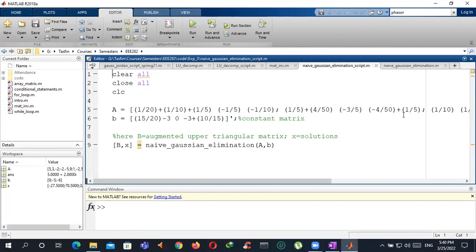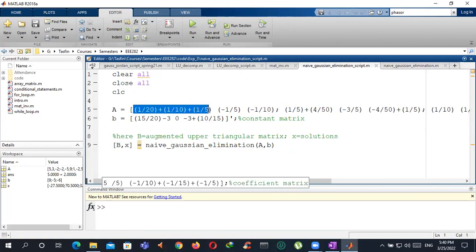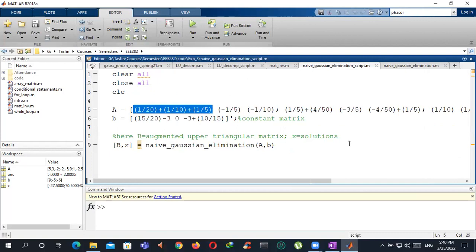So let's assume we have a system where the coefficients look like this. These are the coefficients that some of your friends suggested, right?